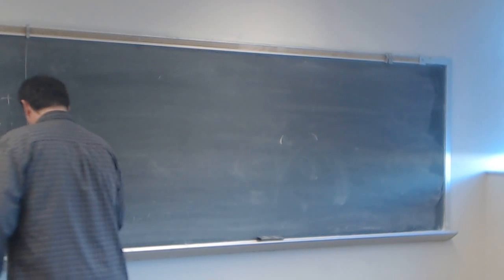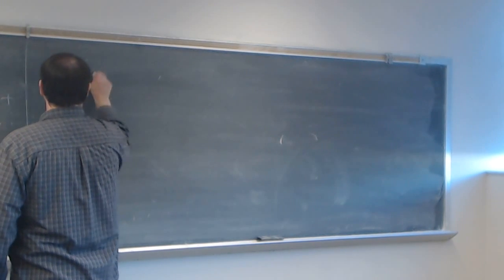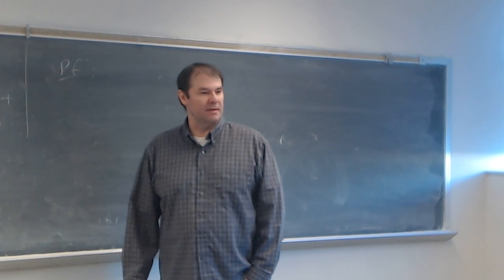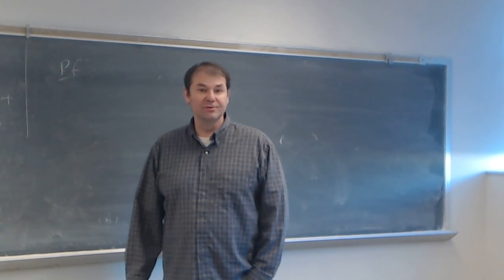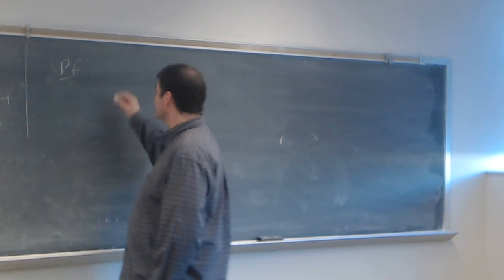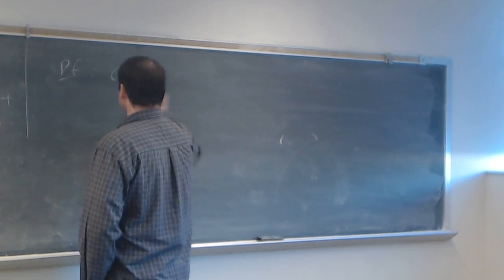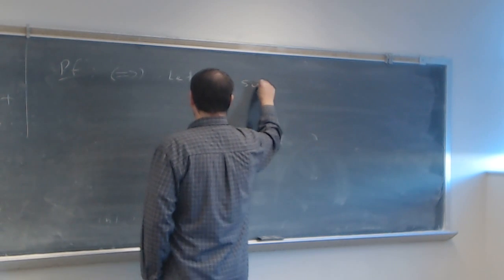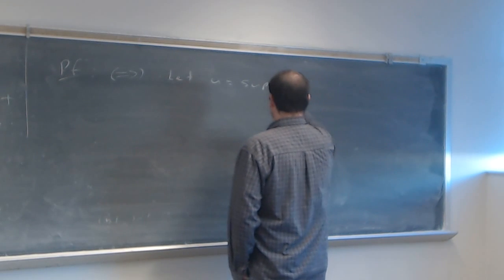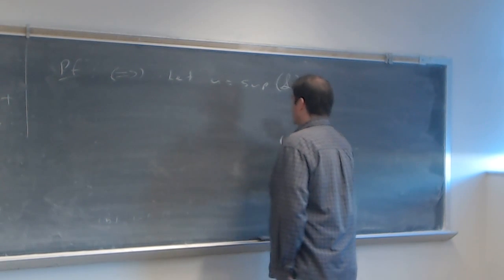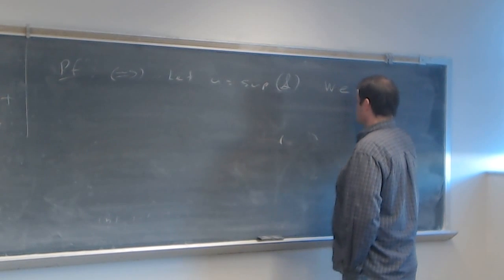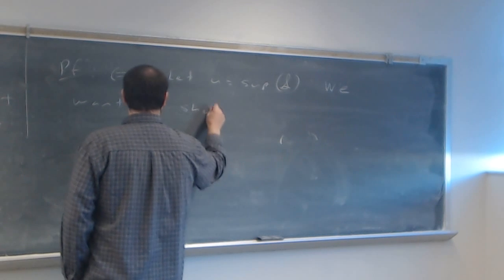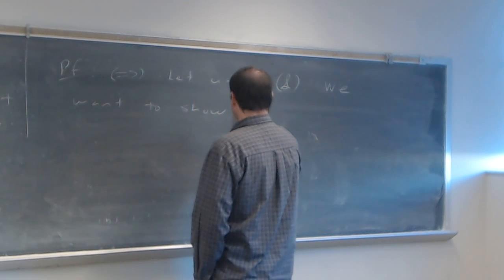Okay, so here's the proof. The statement is an if and only if statement, so that means we're going to have two proofs, really. The first proof, we said, is going forward. That means in this case we let u be equal to the supremum of script S. What is it we want to show? Two things.